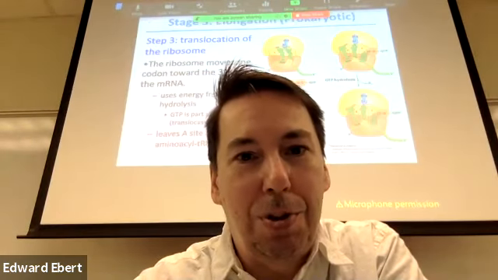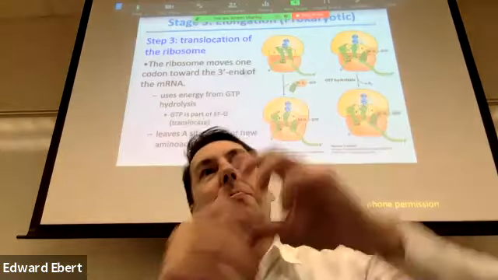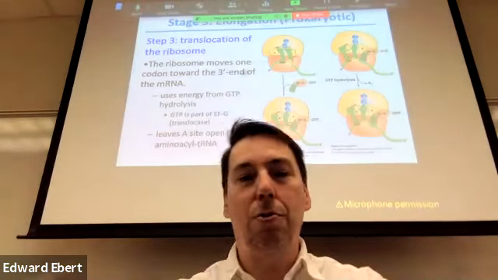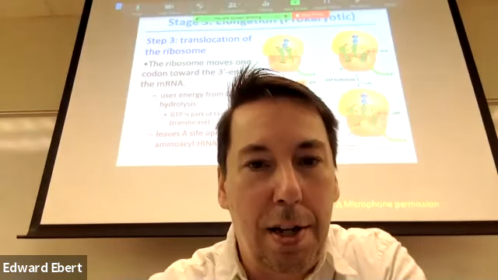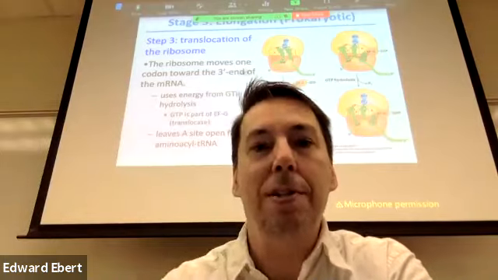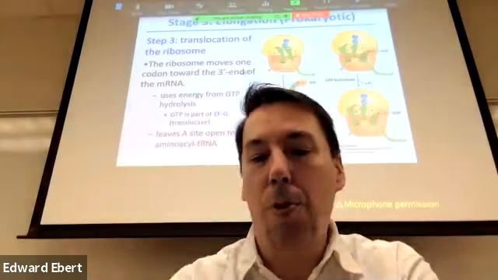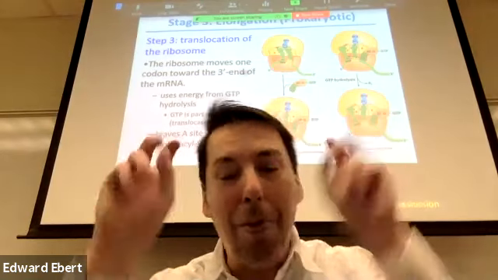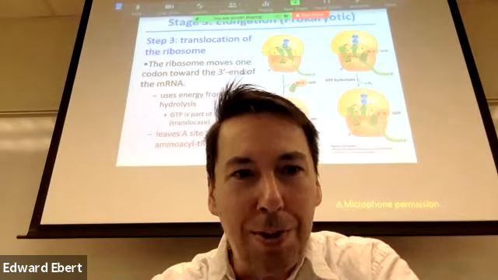Okay, and we'll just see this growing strand continually add amino acids to the amino acid in the A site, which will slide on over into the P site, and that growing protein strand will exit out of the top of the ribosome.